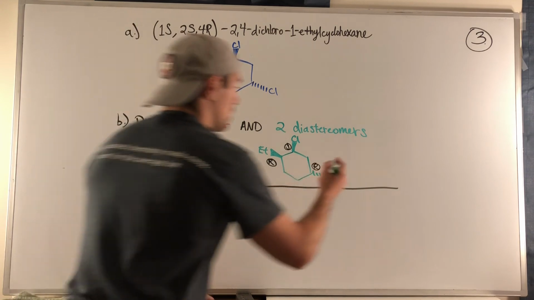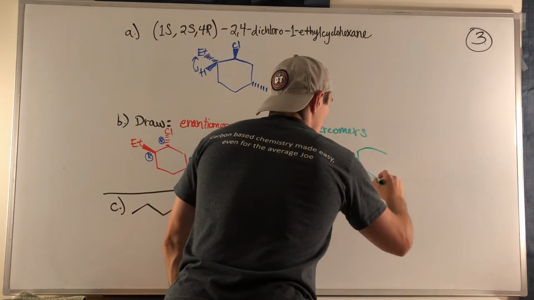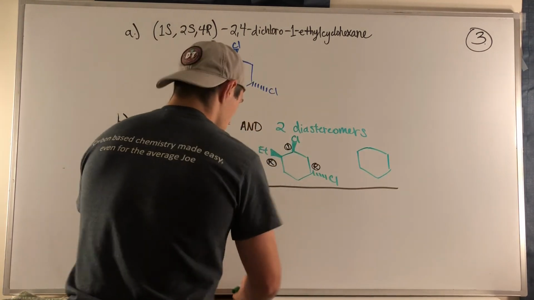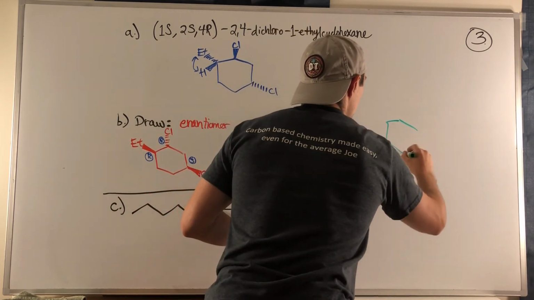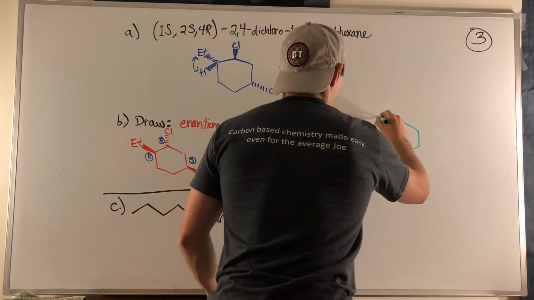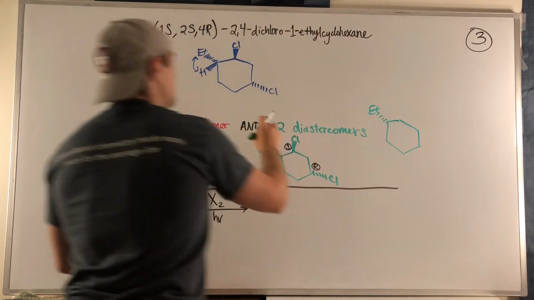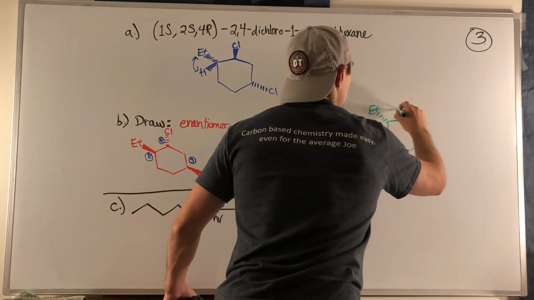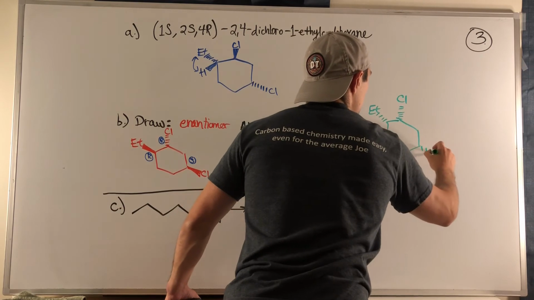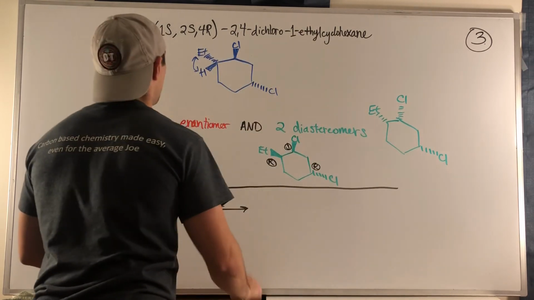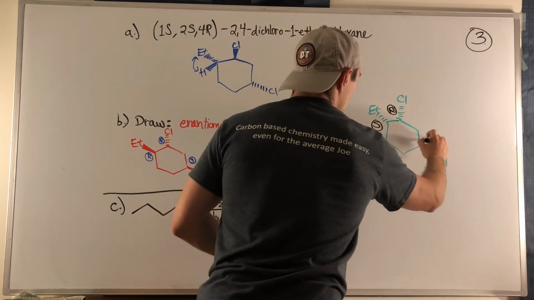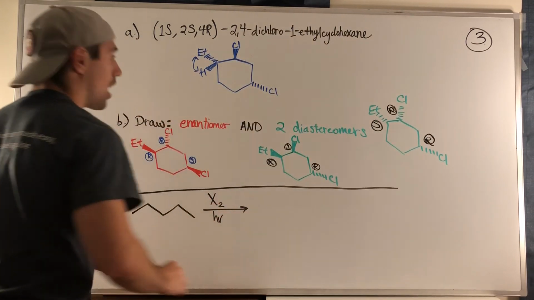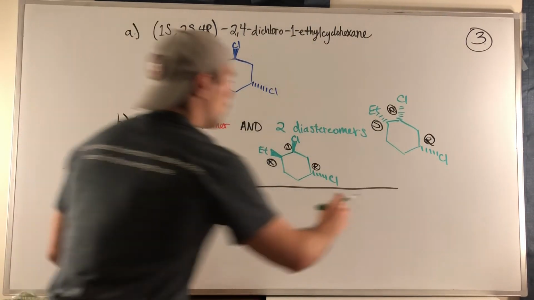I'll draw all these combinations then. The one I just drew, and then the couple on the worksheet. Oh, I'm running out of space. If I only flipped this chlorine, then I would have S, R, and R. Again, not an enantiomer, not the original structure. And I'll do one more.